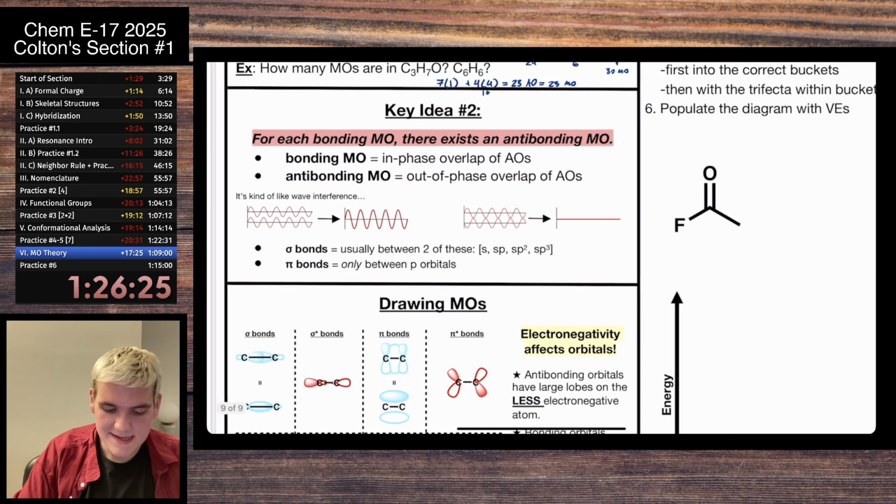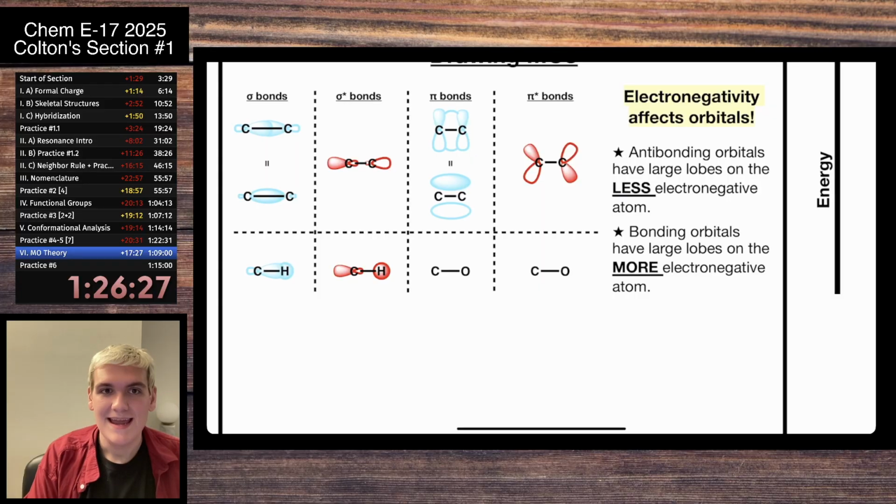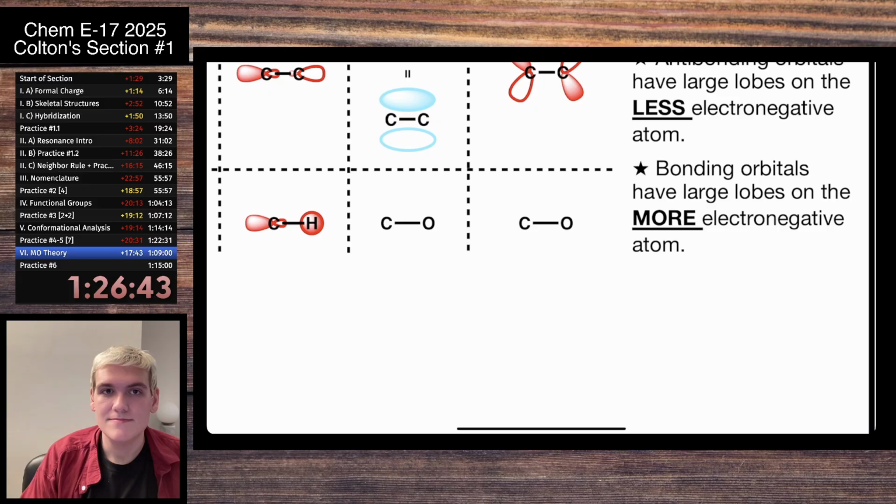And so we did some drawing of molecular orbitals in lecture, and one thing that I wanted to flag, but I'll probably talk about it next time, is what happens with polar bonds. I'm so sorry, I said that exactly backwards.